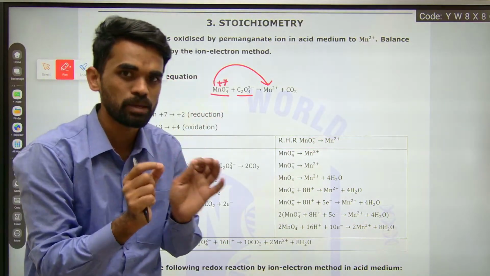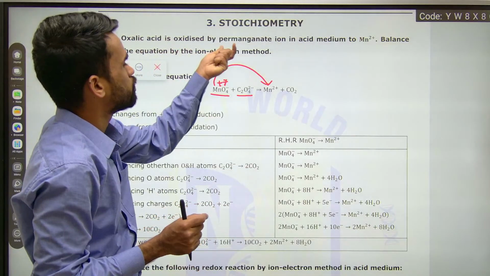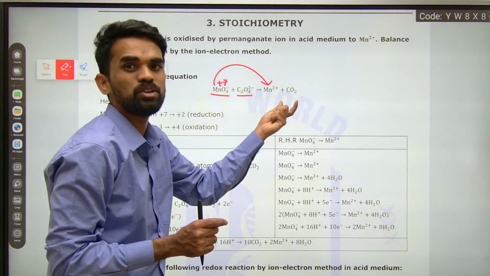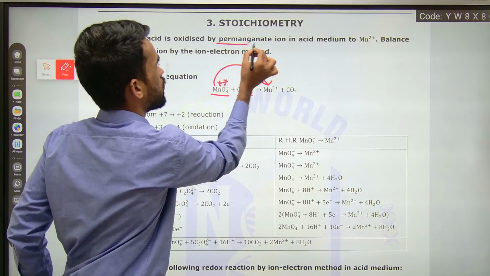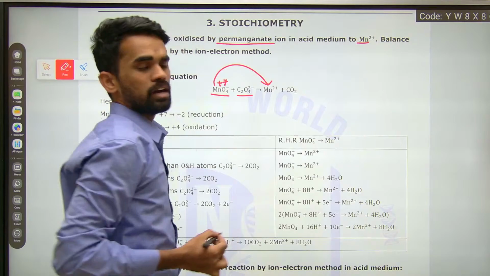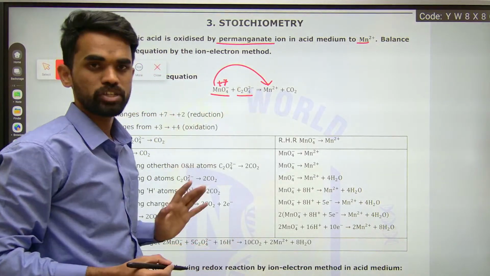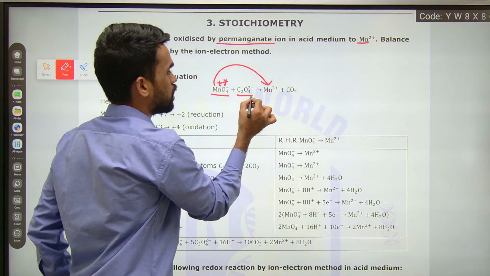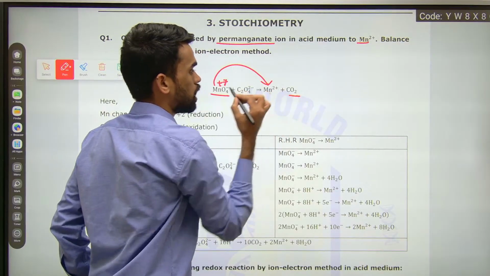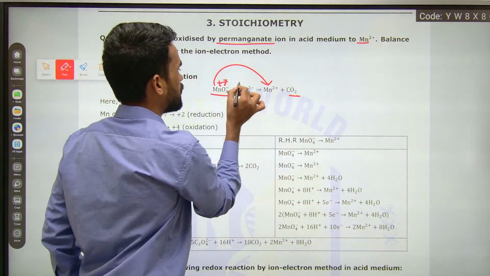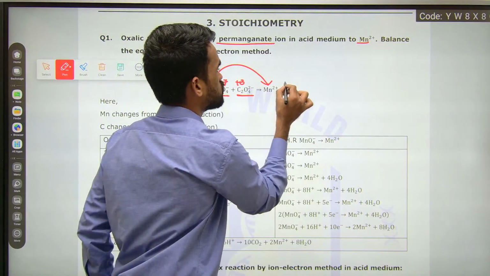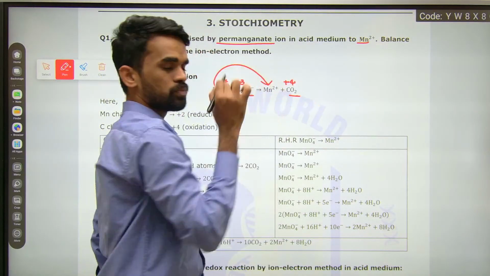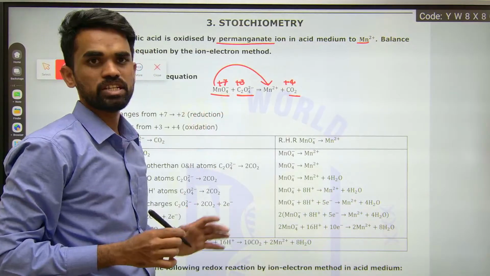It's a very simple thing. First, whatever they have mentioned in the question, write in equation form. Permanganate ion in acidic medium goes to Mn+2. Next, oxalate ion converts into CO2, carbon dioxide. Here the +3 oxidation state of carbon is converted into +4 oxidation state. This is the conversion taking place.